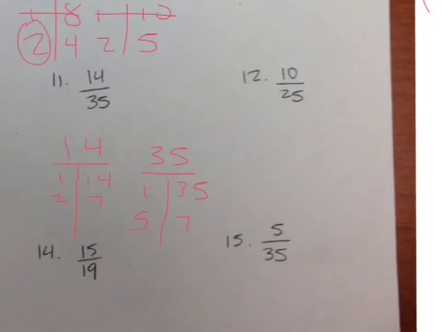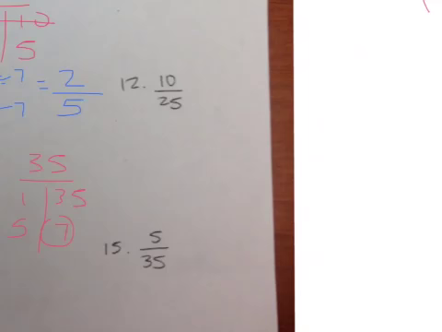So our common factor here is 7. Again, please remember to use your multiplication charts. Find the number 35 on there and see which two numbers pair up with it. So 14 divided by 7 equals 2. 35 divided by 7 equals 5. So we have 2/5.